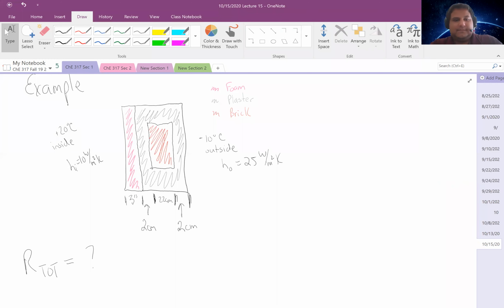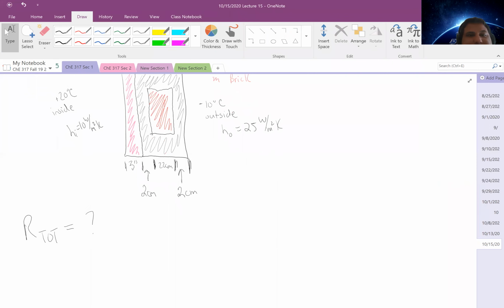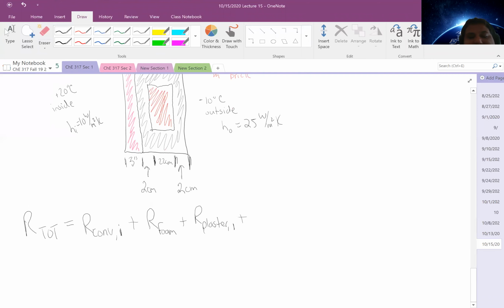So let's see how well you did. For our total, what you should end up getting was R associated with the convection on the inside, plus the resistance associated with the foam, plus the resistance associated with the plaster layer, plus, all right, this layer is the tricky layer because it's essentially resistances in parallel.